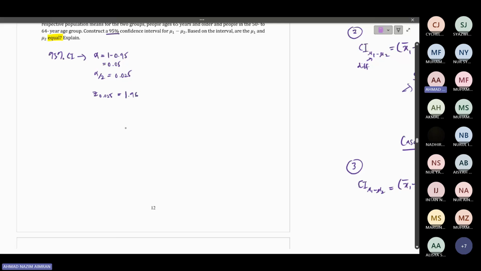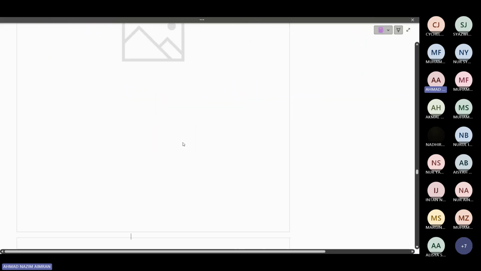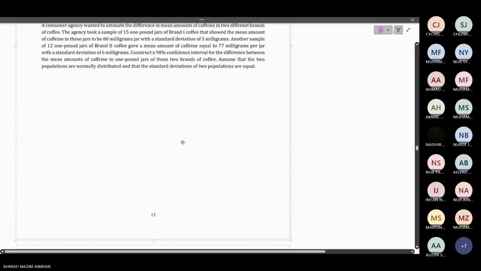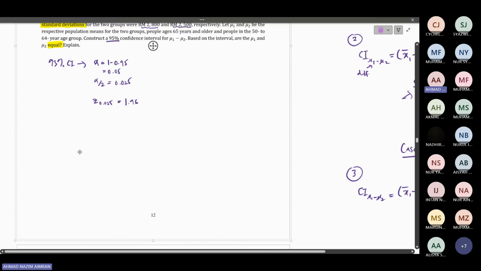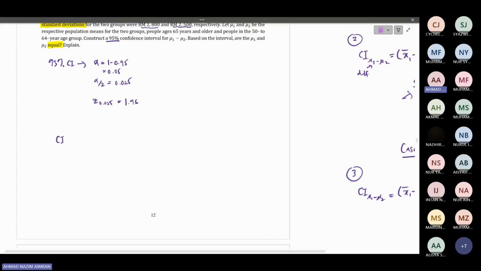So you already have all the info. Now we can calculate the confidence interval for the difference by using this formula: X bar 1 minus X bar 2, plus minus Z alpha over 2 times the square root of variance for population 1 over n1 plus variance for population 2 over n2.